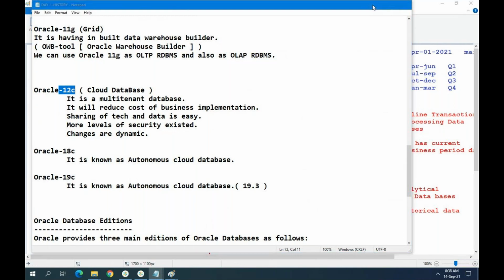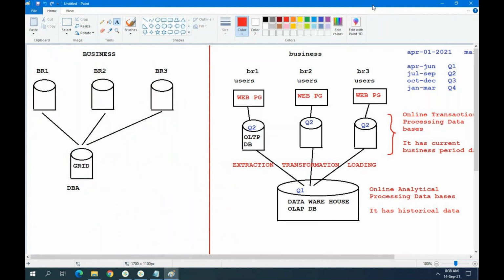Nowadays, the complete structure is changing. How is it? In the old days, before cloud technology, if you had a business and wanted to maintain your business data, you had to set up a database server.